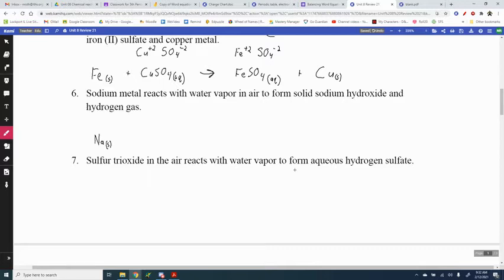So that's why, when we had straight iron and straight sodium here, I didn't worry about charges because they are not bonded to anything, so they don't have a charge. They're just neutral. Okay. So plus water vapor. So water vapor is H2O gas, because that's what a vapor is. In the air to form solid sodium hydroxide.